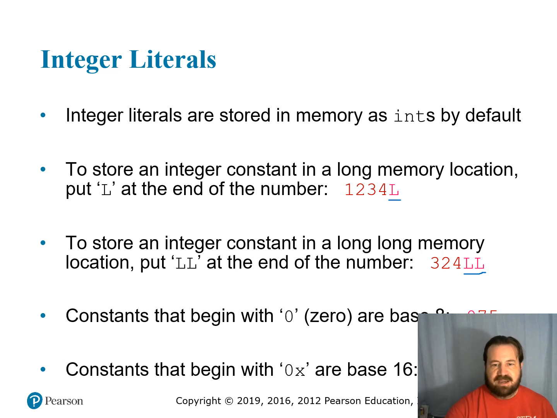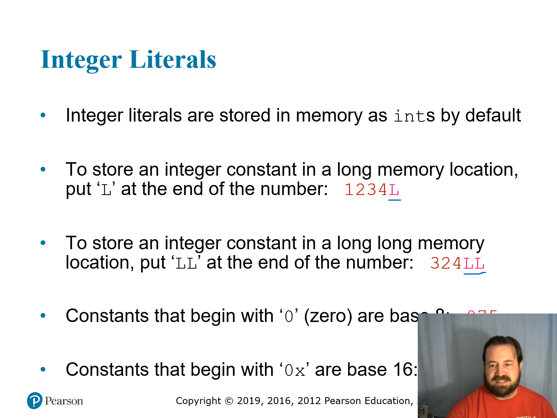If you begin with the prefix 0x, the compiler is going to assume that you meant to put this in base 16. So that's 7 times 256 plus 5 times 16 plus A, which is the numeric value 10.